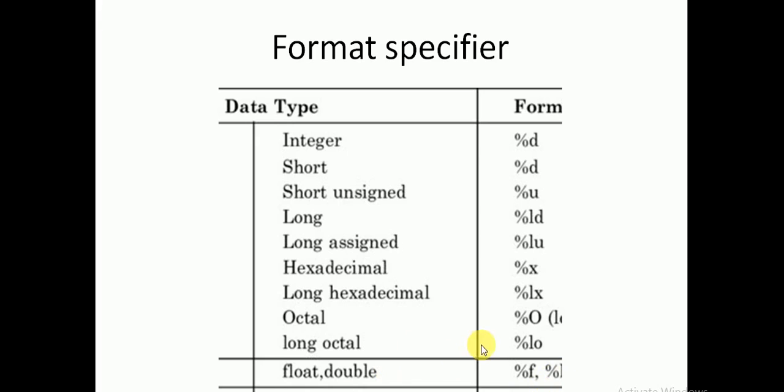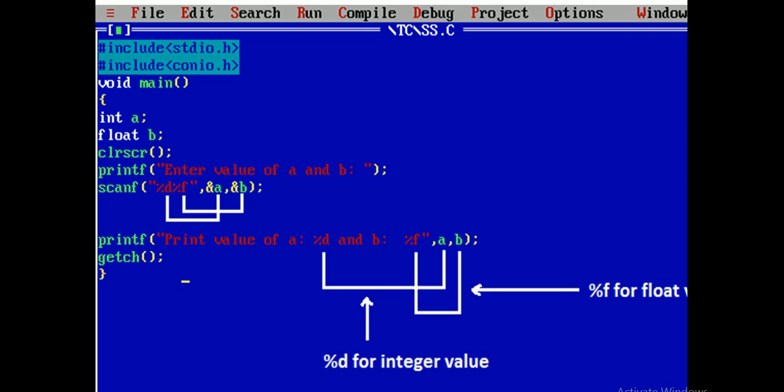I am showing a sample for printf and scanf. For example, consider a program just to accept two numbers and print them. First I am specifying integer a, that means a is an integer. Now float b is of float type. That means one is an integer value, the other is a floating value.